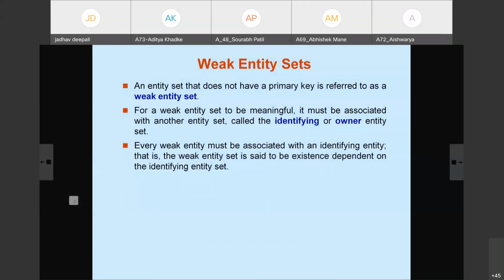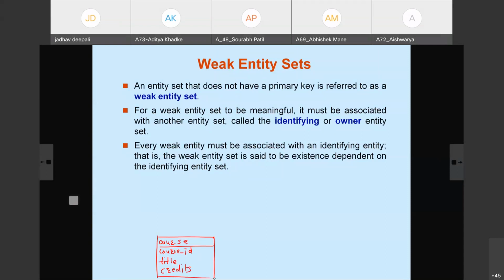Now see the example. A course entity set is there with course ID, then course title, and credits of that course.